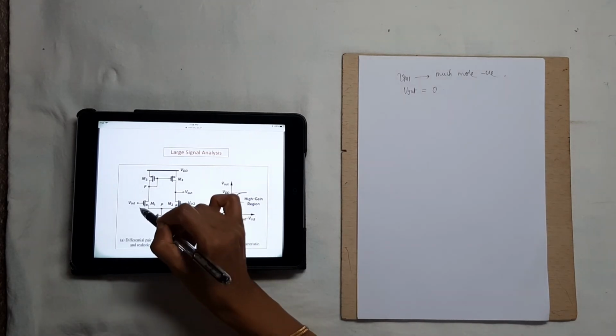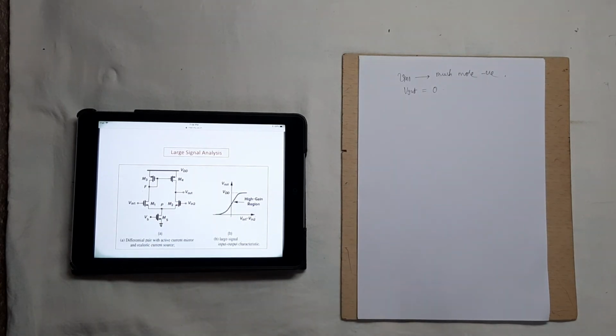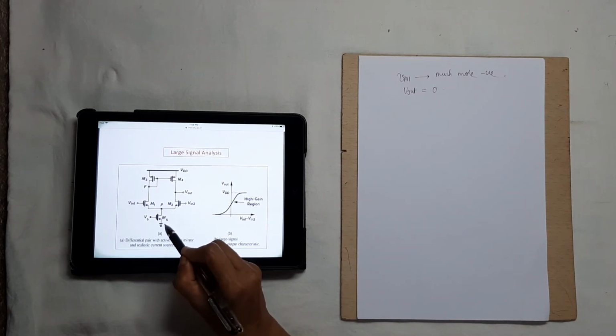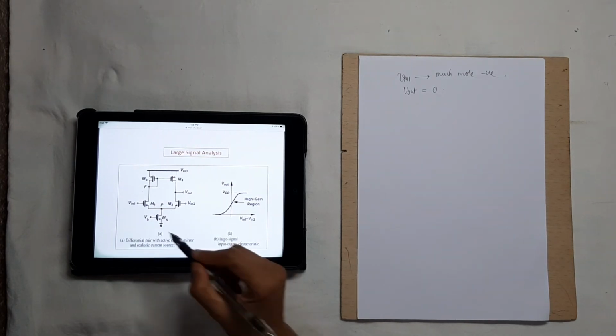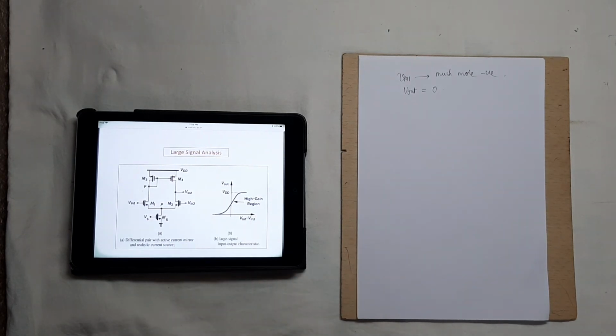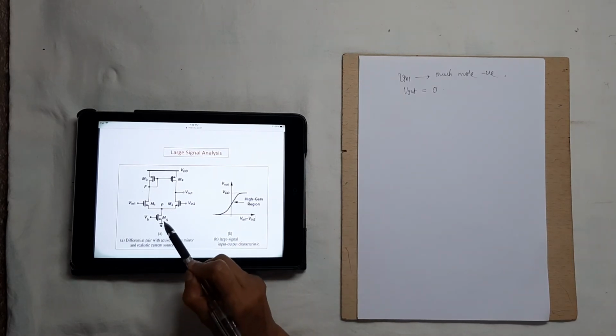Now, as Vin1 approaches near Vin2, then M1 turns on. M1 draws some current from the ISS, or from this particular transistor. This is represented as ISS. Let us say it as ID5.